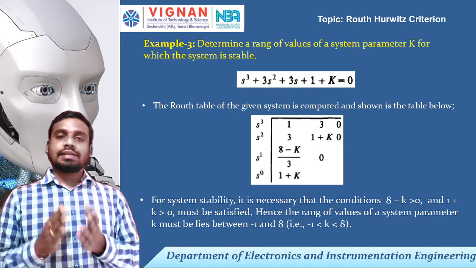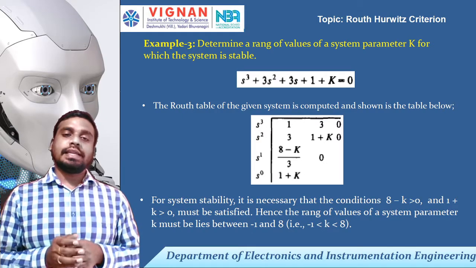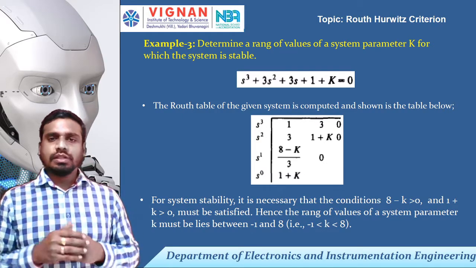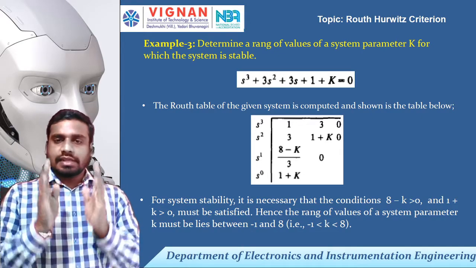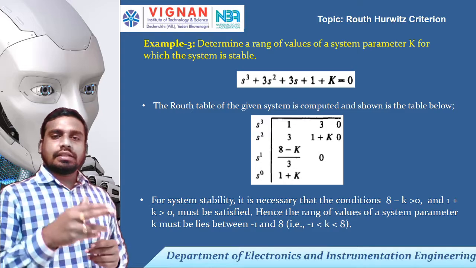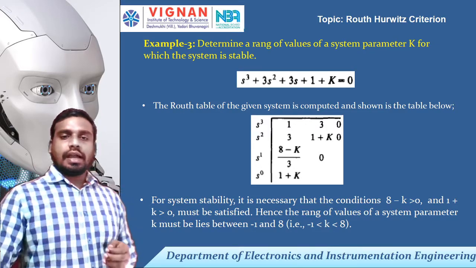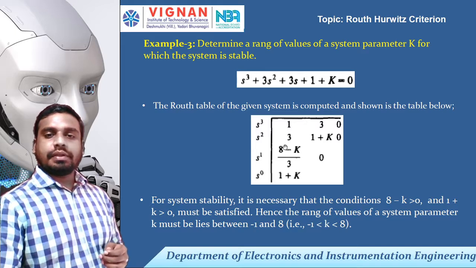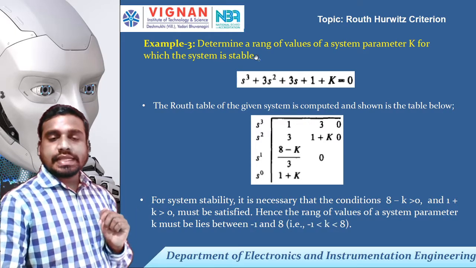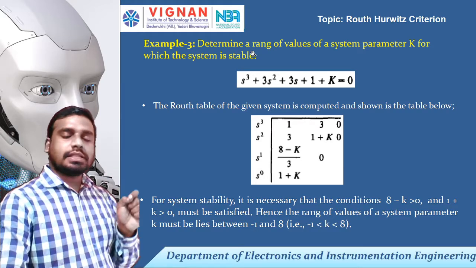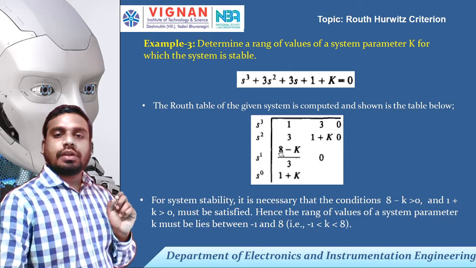As we know, the system is stable if the first column of the Routh table is positive. Just construct the Routh table and write the parameters with respect to k. What we got here is 8 minus k by 3. What they said is the system is stable, which means it is positive, right?